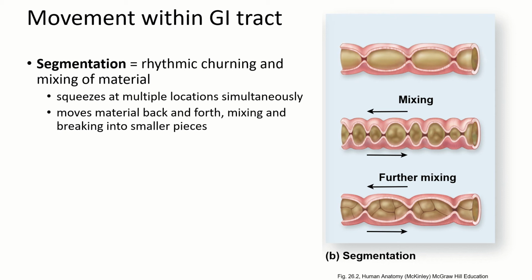So this is going to be part of mechanical digestion in that it's breaking up pieces into smaller pieces with these rhythmic muscular contractions, but also it's going to promote chemical digestion because it's going to mix the food with the secretions or the enzymes within the tract. So that's propulsion. That's one of the functions of the GI tract.